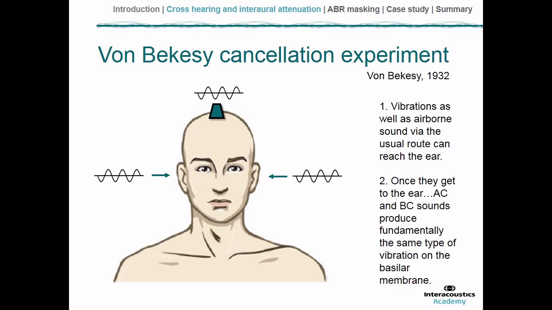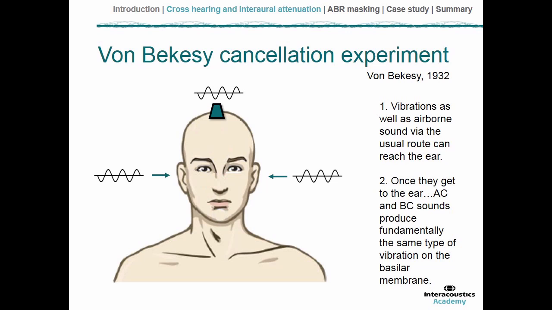And in this study, what he did was he took a group of adults and he placed a bone vibrator on the midline on top of the head, and played a sound signal, you could say a pure tone, into the bone vibrator, and then the individuals were able to hear that sound.